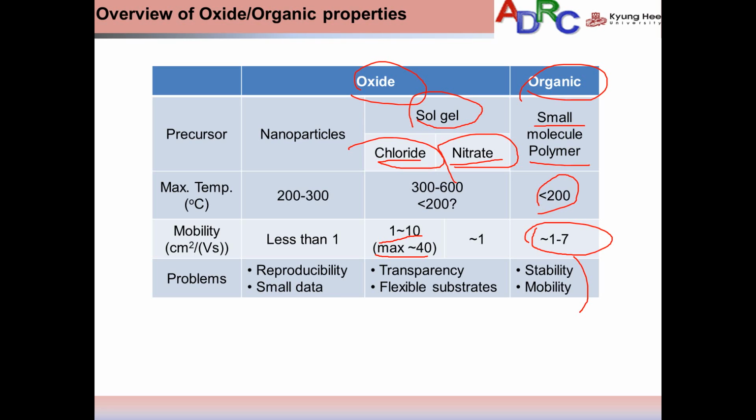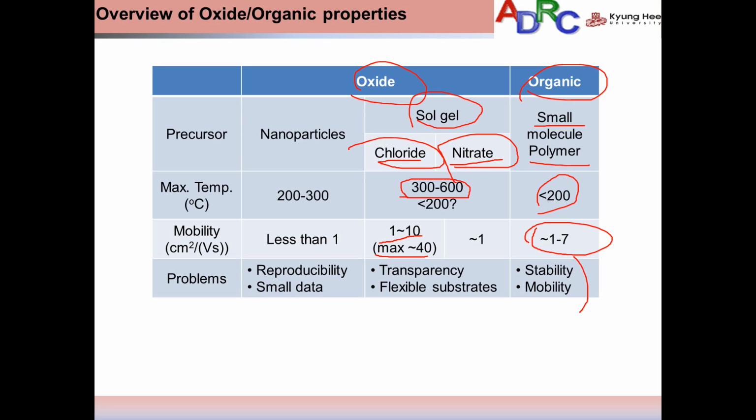The main issue is the annealing temperature. It has been shown that a temperature over 300 degrees is needed, so it is hard to make very nice performance TFTs or devices on flexible substrates. These flexible substrates need very low temperature, lower than or around 200, so it's difficult to use these materials for flexible devices.